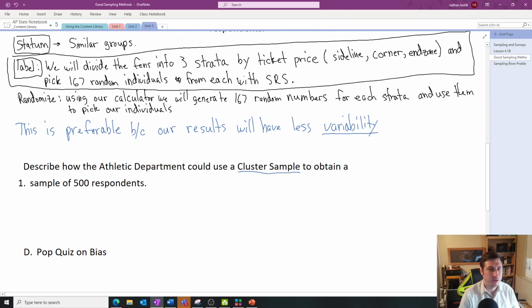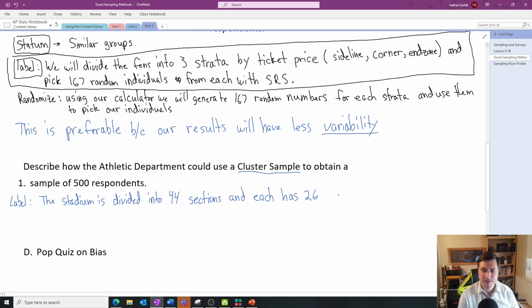So how am I going to describe this? We have to label and describe this. So the stadium is divided into 44 sections, and each has 26 rows.